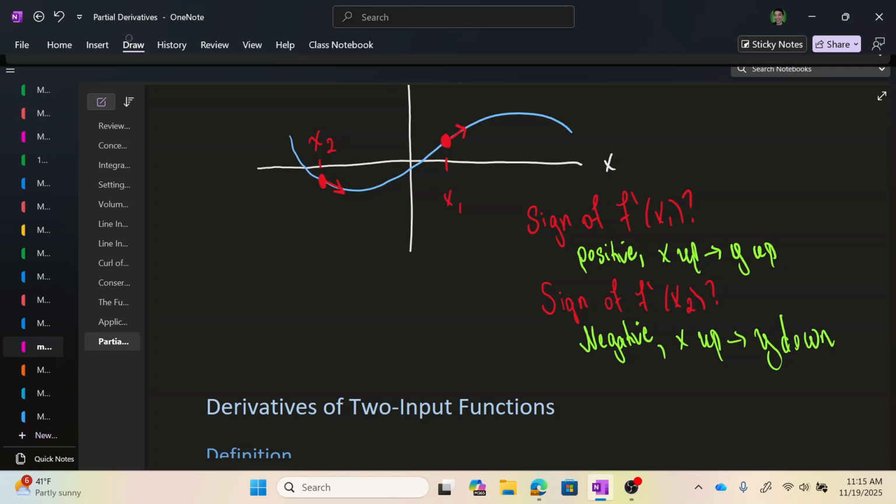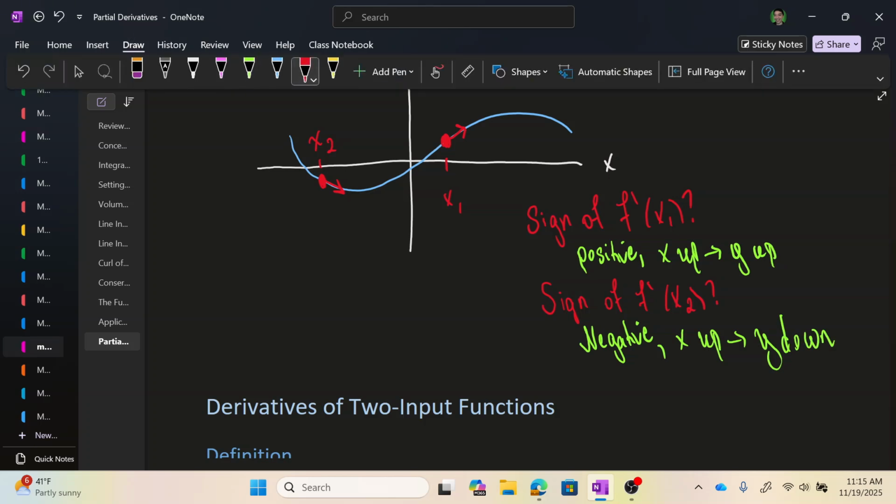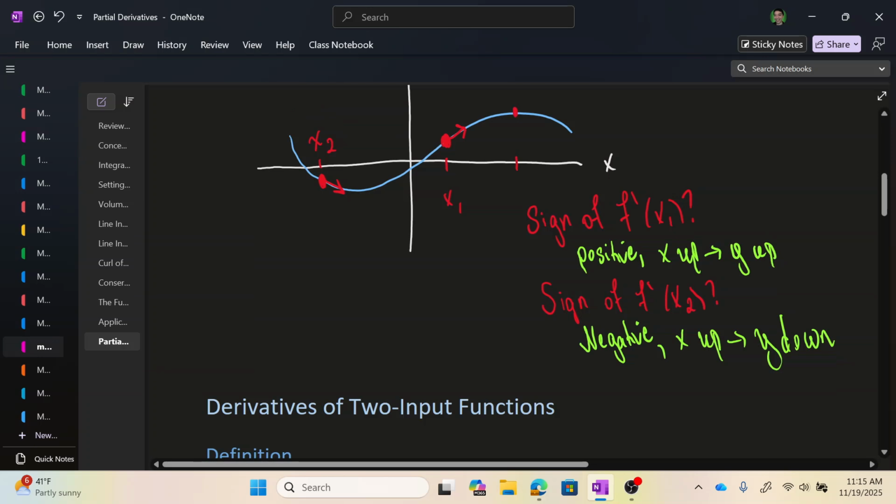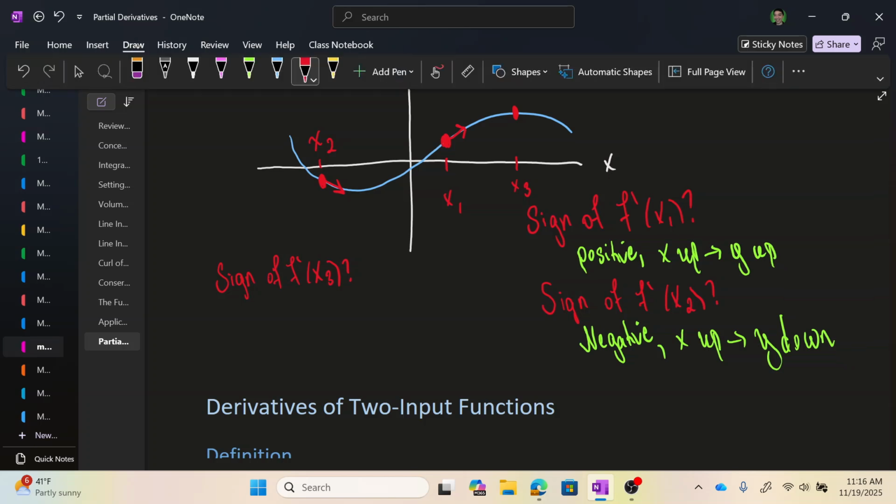Finally, I could ask about a third point on this curve, this point up here at this local maximum, which I'll call x3. And I can ask, what is the sign of our derivative at the point x3 at this local maximum? In this case, we would say that the sign of the derivative is 0.